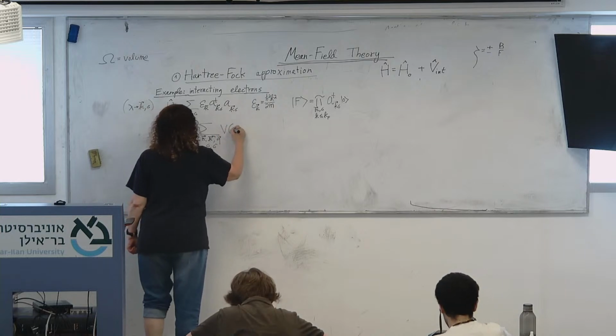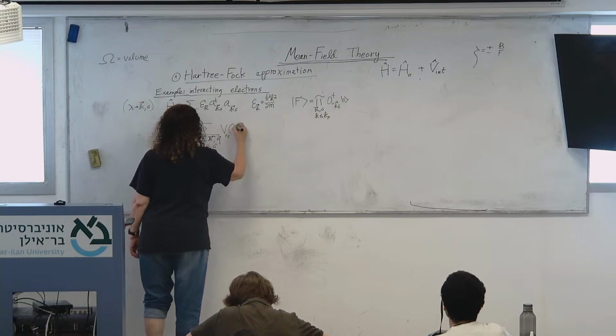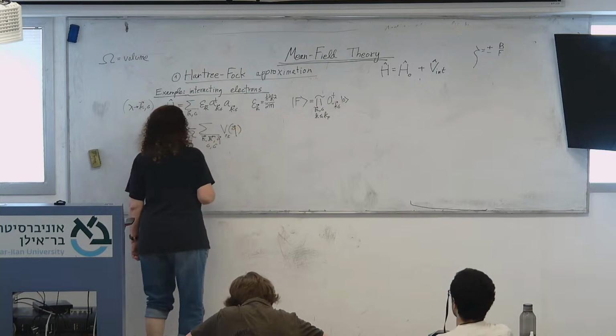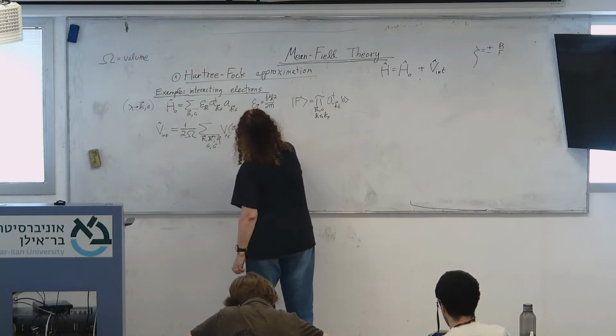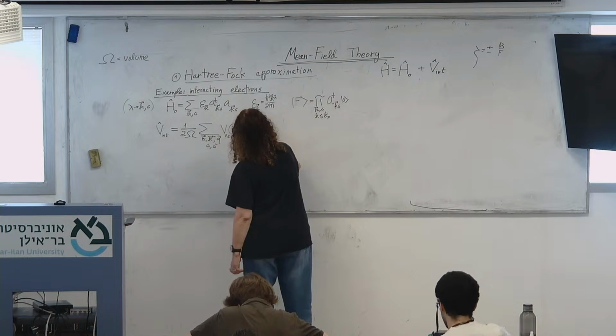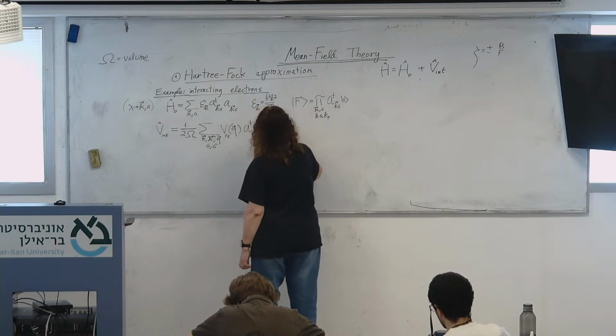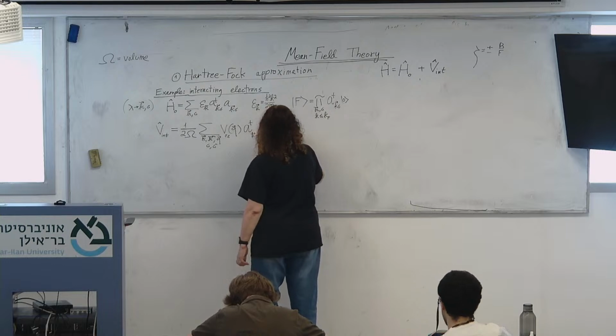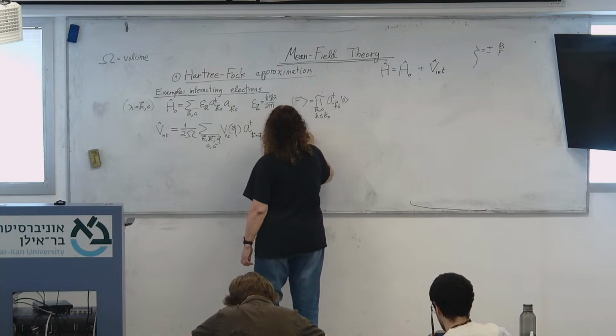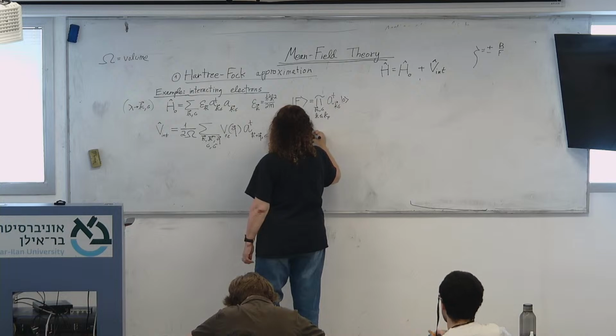And then I have the Fourier transform of the interaction, V q, and a dagger k plus q, a dagger k prime minus q sigma prime, a k prime sigma prime, a k sigma.